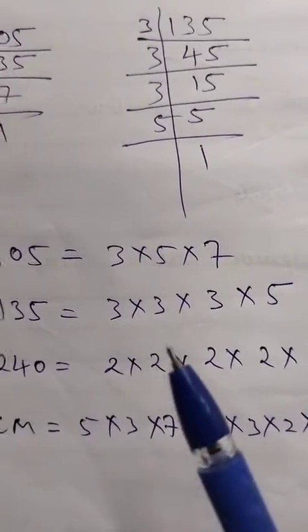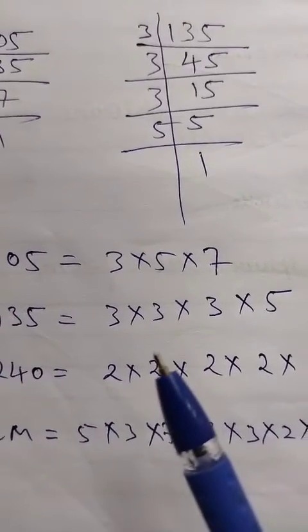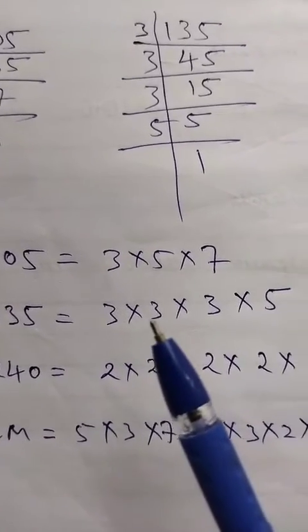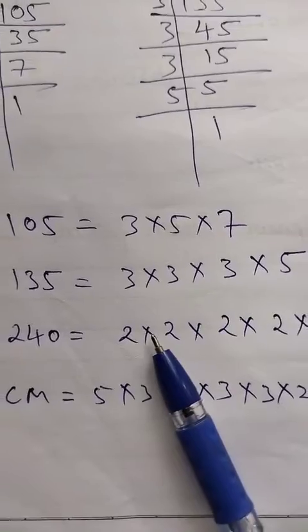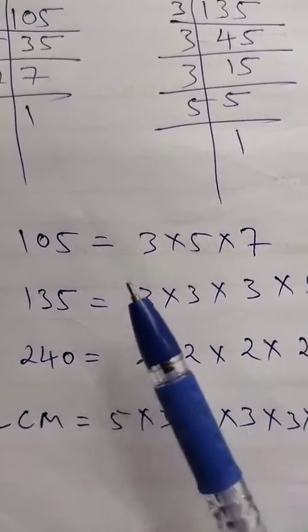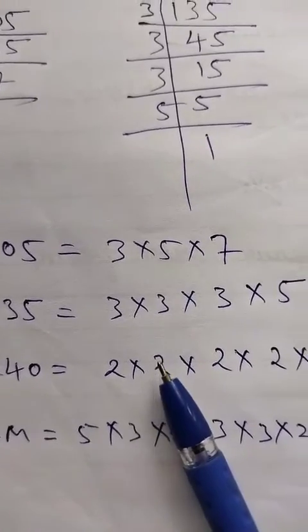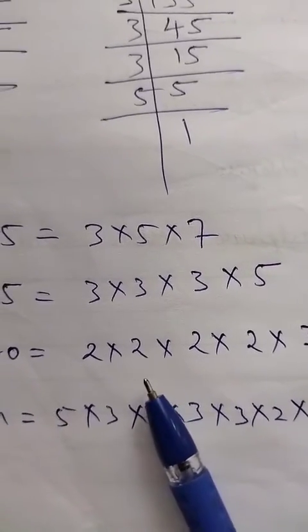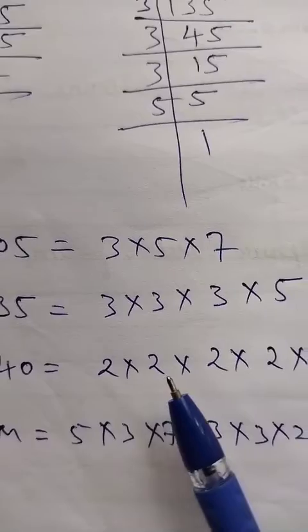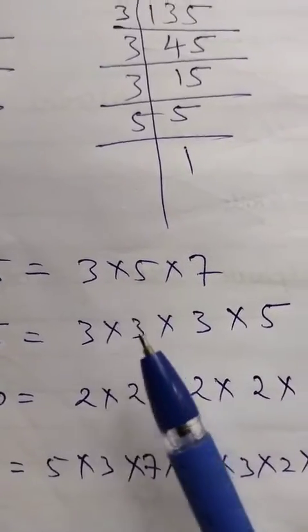You have to make sure the number which you are taking common is in all the three factors. If it is coming in two factors and not in the third one, then it will not be considered a common factor. So the common factor will be the number which is coming in all the three factors.